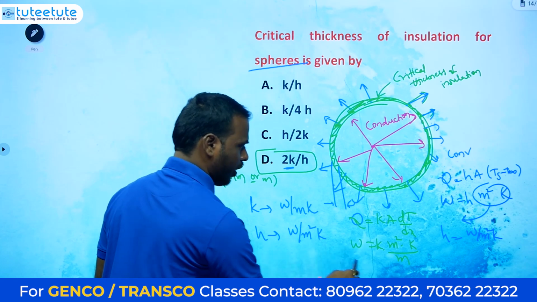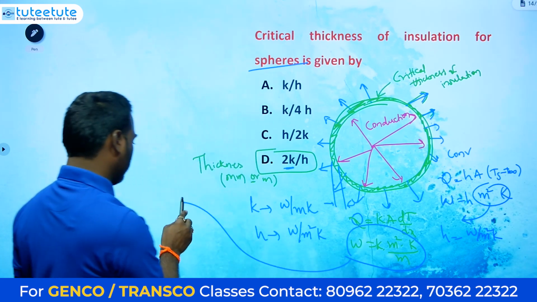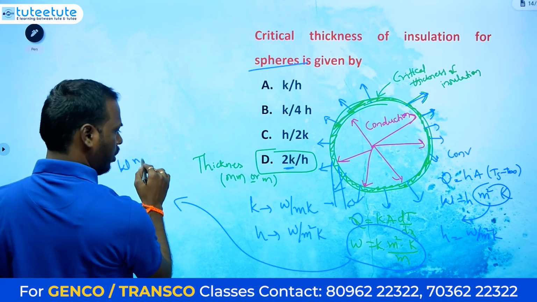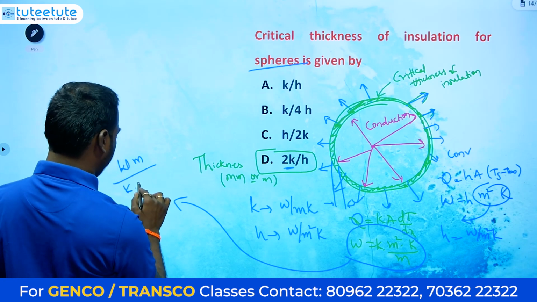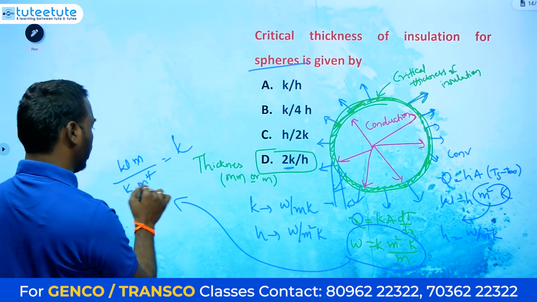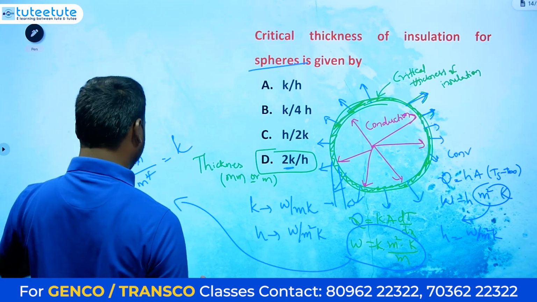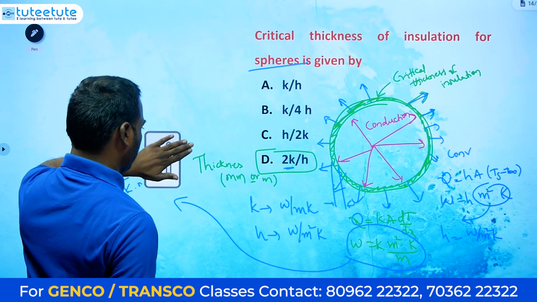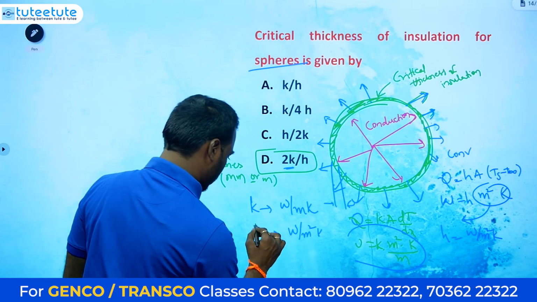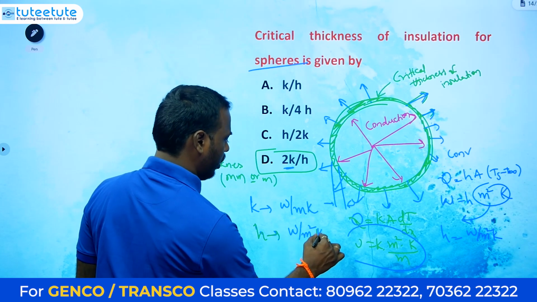If I write this equation, what we get is watt meter by Kelvin into meter square as the thermal conductivity units. Meter gets cancelled, so watt per meter Kelvin remains. So H units are watt per meter square Kelvin.